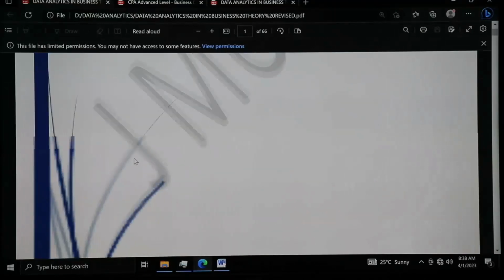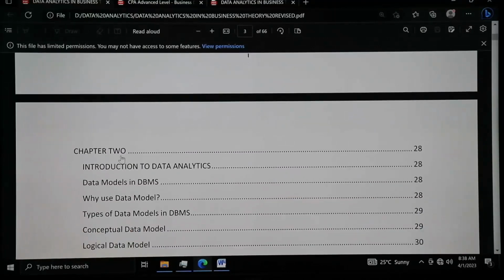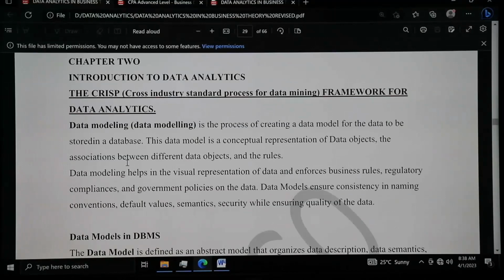After that, the next discussion is chapter 2, the introduction to data analytics. Here, the first thing you discuss is the cross-industry standard process for data mining. The term data mining has been used to mean gathering of facts from a large volume of data.